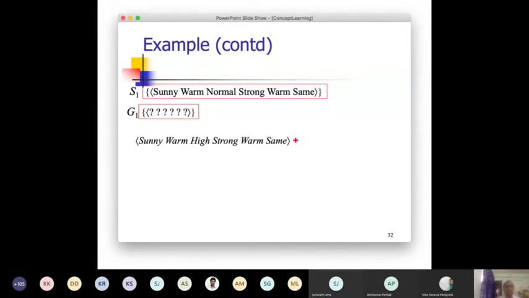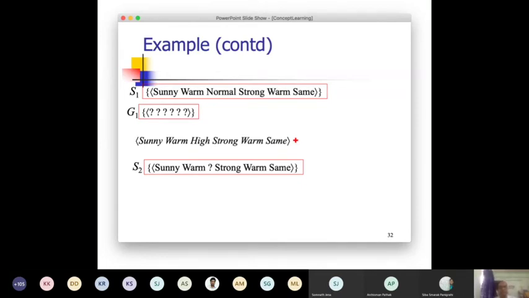Now this is also a positive training example, and as you can see, this example is not satisfied by the hypothesis presently in S1. It is satisfied by G1, but it is not satisfied by the hypothesis of S1. Since it's positive, you need to modify it. So your S2 has to be the minimal generalization of a hypothesis of S1 which will cover this example.